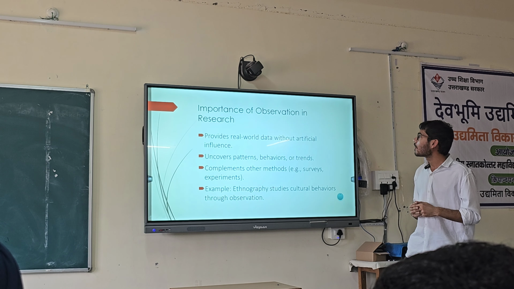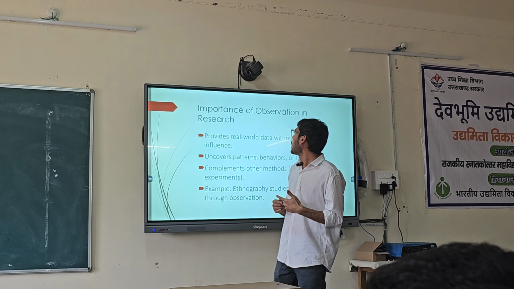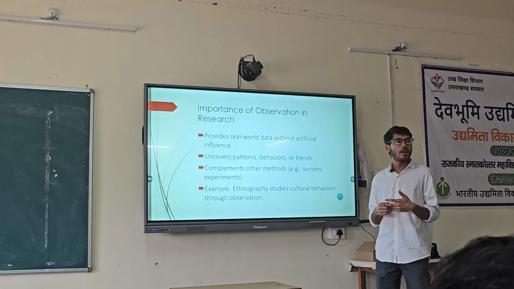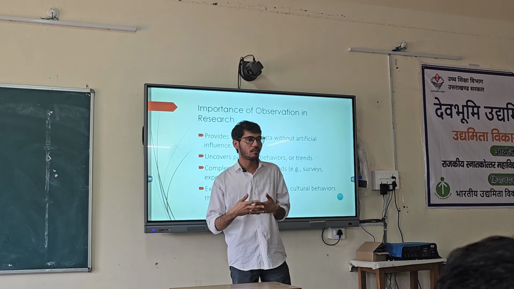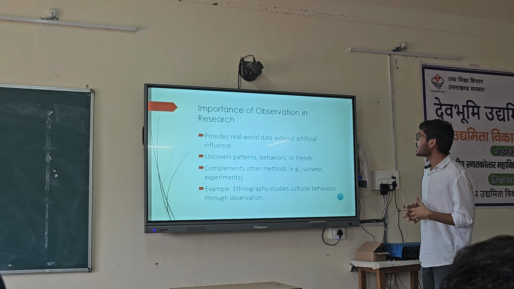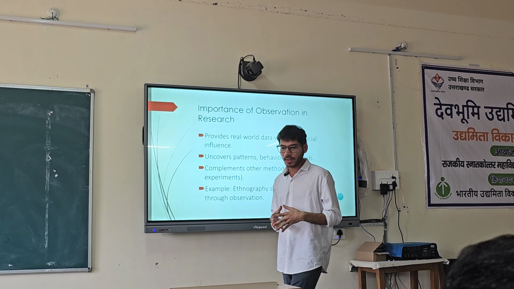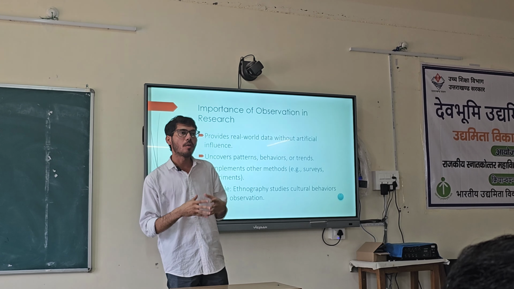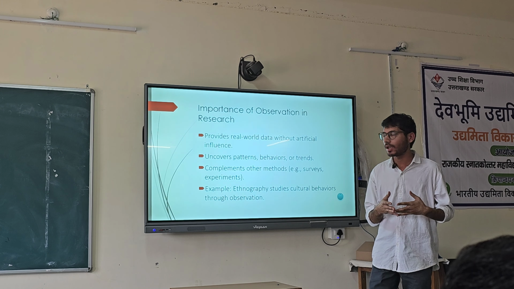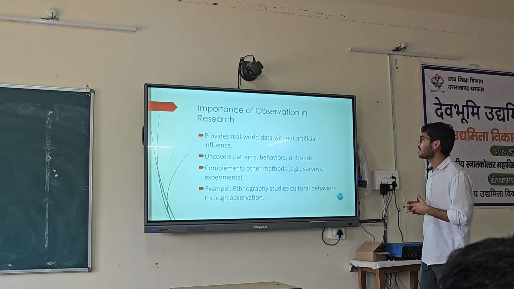But what is the importance of observation in research? So it provides real world data without artificial influence, right? When we interact with each other, we will get real world data, right? And uncovers patterns, behaviors or trends. Of course, when we are observing things, we are uncovering a lot of patterns, whatever we are doing in our daily life. So we uncover those because we interpret the meaning. And behaviors of course, and trends and phenomena whatsoever.